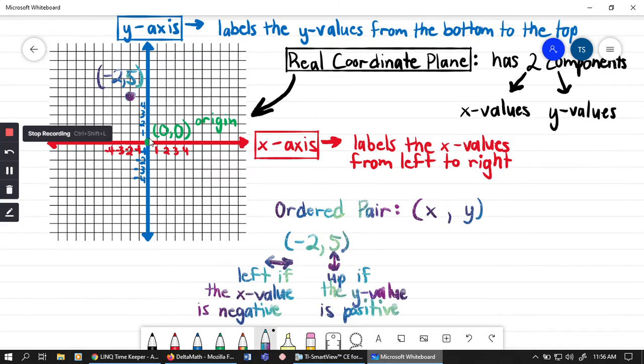And again, you can see that from the origin, that point in the middle, we've gone left 2 and up 5. And notice, even though we moved in 2 different directions, there's only one point that is the result of graphing this. You should not have 2 points graphed.